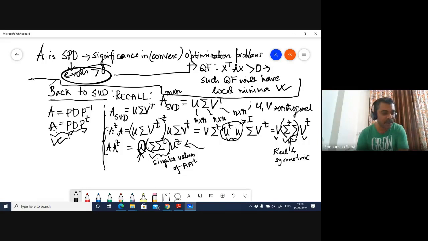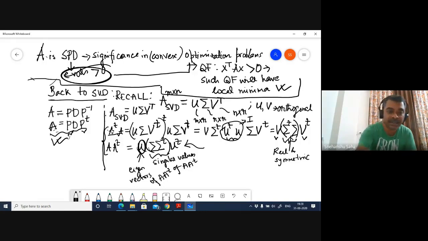Okay, all right. So this U contains the eigenvectors of AA transpose. Similarly, if you come here, you can say that V contains the eigenvectors of A transpose A. Okay, so this is how we establish the similarity, because we have to somehow be able to compute the eigenvalues.